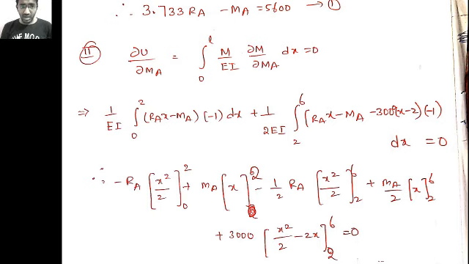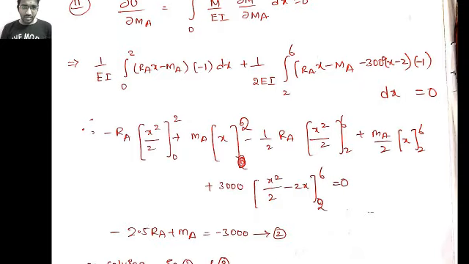Don't be confused. It is minus 1 into dx and 1 by 2EI. In the BC portion the I value is 2I, so you have to take 2I. The integral is 2 to 6 of RA x minus MA minus 3000 into x minus 2, with ∂M by ∂MA minus 1 into dx, is equal to 0.